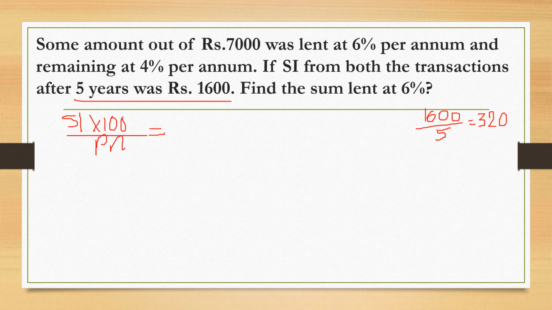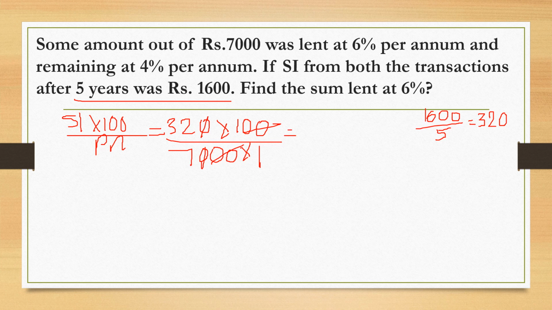Here simple interest is 320 into 100 by principal is 7,000 and N is 1 here. So we can cancel these zeros and also these two zeros. So the rate of interest from both the transactions was 32 by 7.